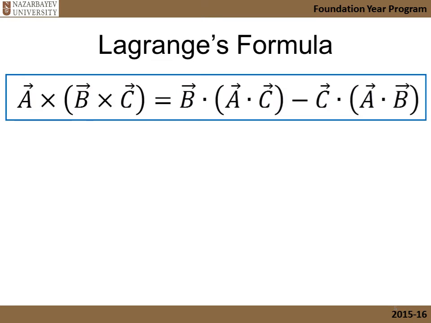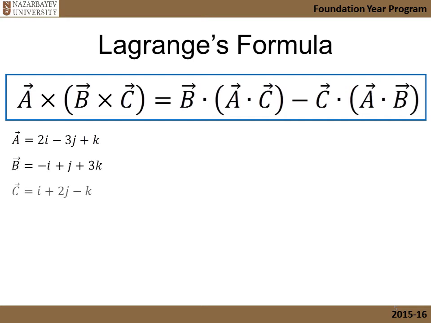Let's look at another interesting formula. This is the so-called Lagrange's formula, and here we can see that the cross product of a and the cross product of b and c is equal to the dot product of a and c times b, minus the dot product of a and b times c.